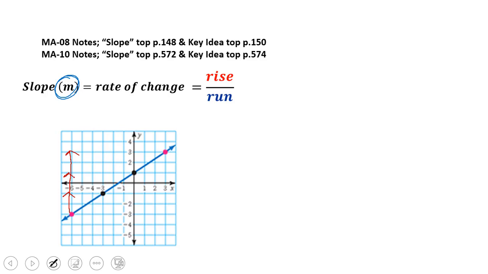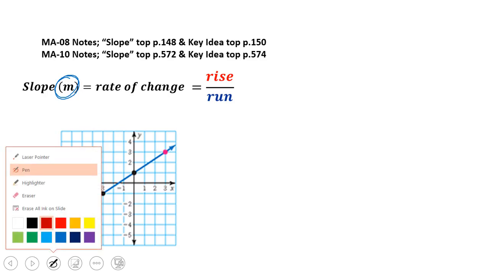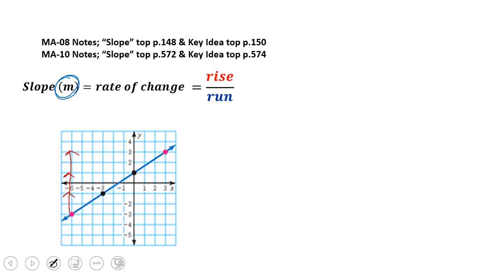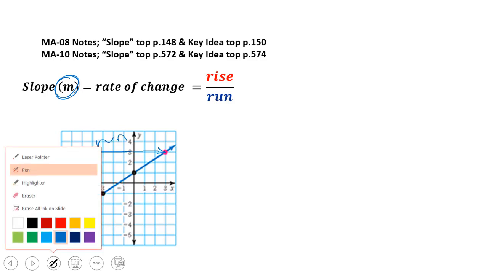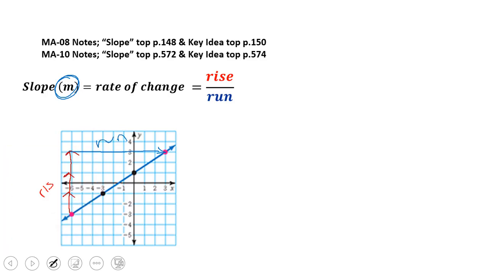Or I could have gone up to there and done the run to the second black dot. I told you I was going to go red to red. So I'm going all the way up to the same level as the red dot over there, and then I do my run, and my run goes to the right until I get to that point. And so this is the run, and the rise is the red going up. Rise to run.